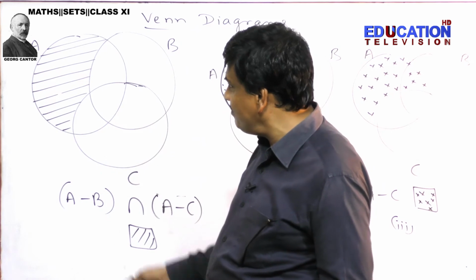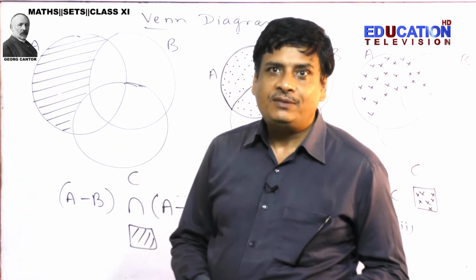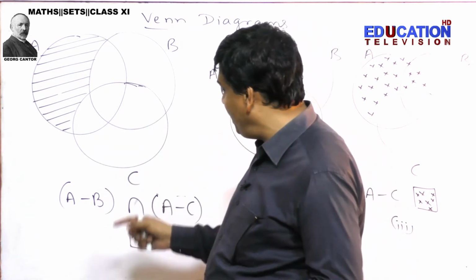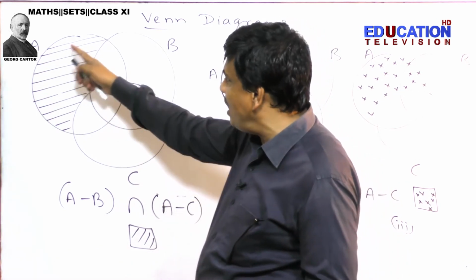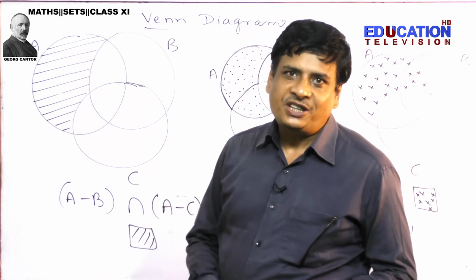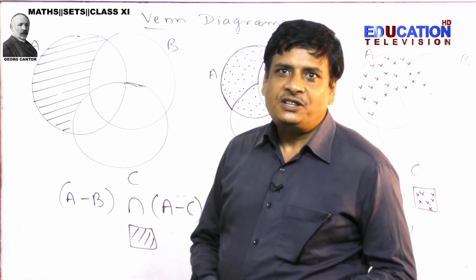So what we observe? A minus (B union C) and (A minus B) intersection (A minus C) are representing the same region, as these sets are equal.